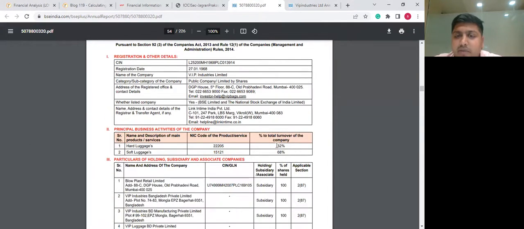Now, in this MGT9 form, you will notice that there is already a breakup available when it comes to revenue, like 32% of the revenue the firm generates from hard luggage and 68% revenue the firm generates from soft luggage.